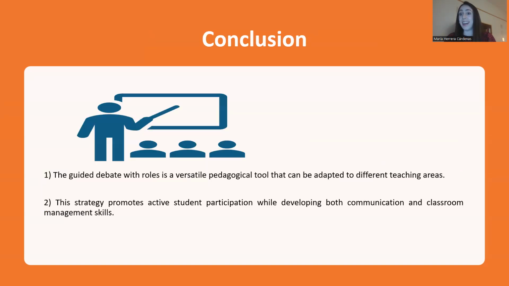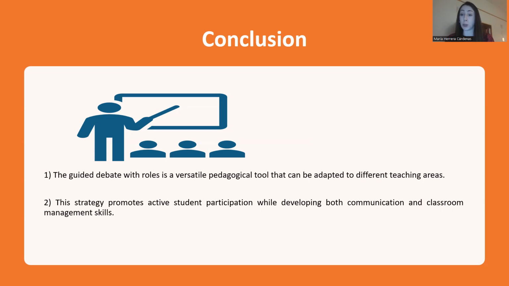So finally, when we are thinking about role-playing here, the main conclusion is that the guided debate with roles is very flexible. It's a very flexible pedagogical instrument that we can use because it can be adapted to different teaching areas.